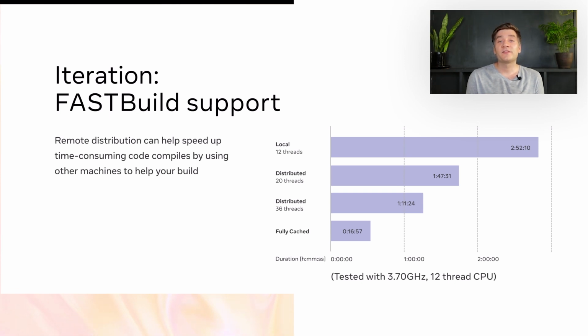Please be aware, however, that there is significant network transfer required for using distribution. Compiled object files can be very large, and the network overhead may not make this beneficial for all users, especially if many of us are working from home over VPN connections without access to other machines on a local network. While it is possible to set up distribution over VPN, results may vary wildly depending on network conditions.